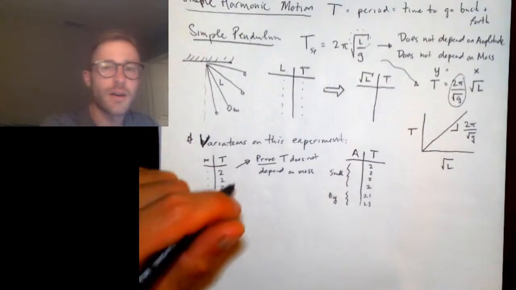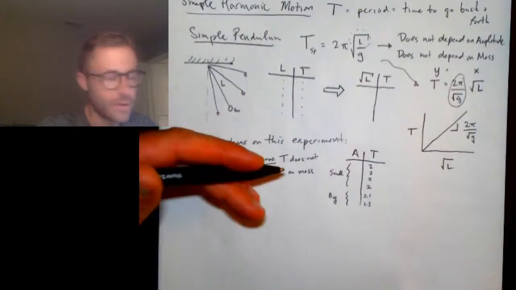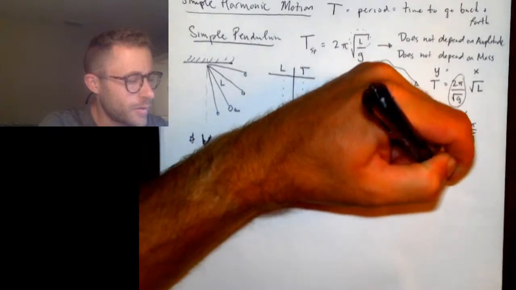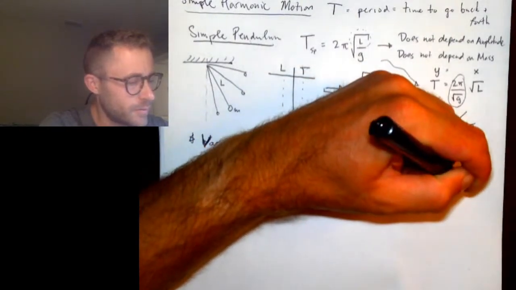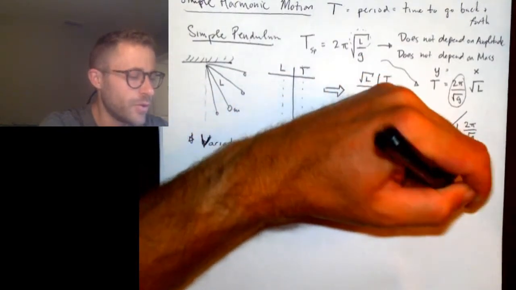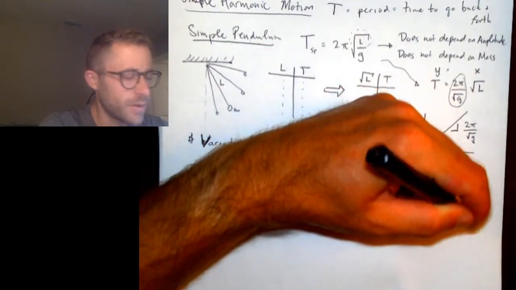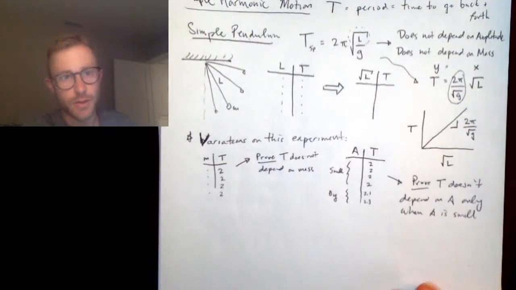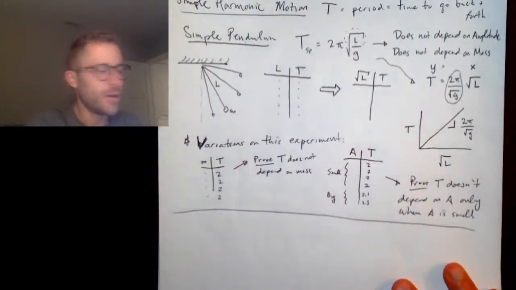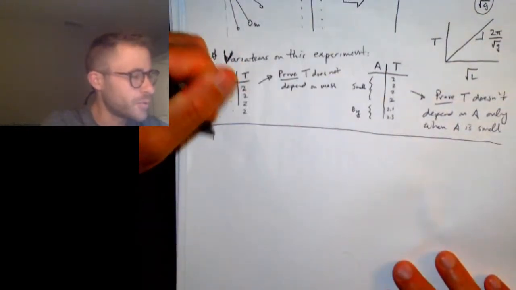So you could prove that the period does not depend on amplitude only when the amplitude is small. That's a variation, just various things you can prove. The other simple harmonic motion system was a mass spring system.